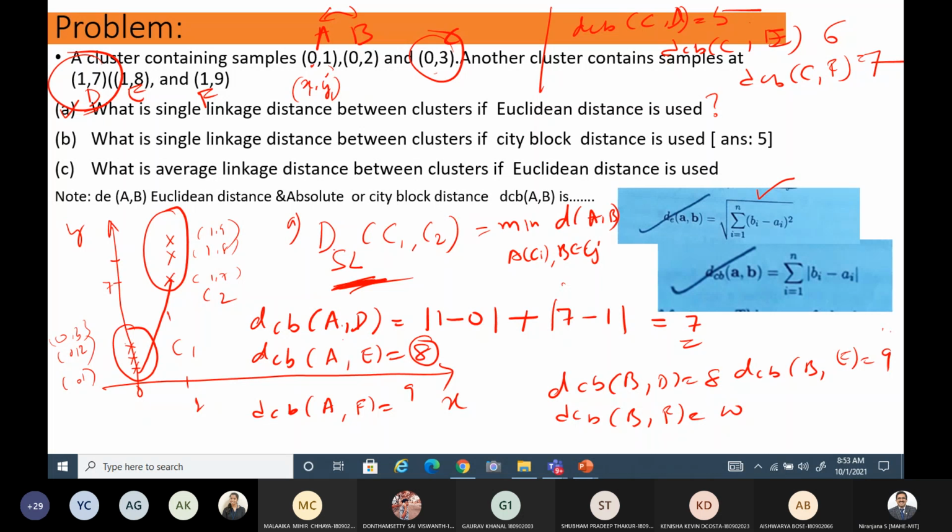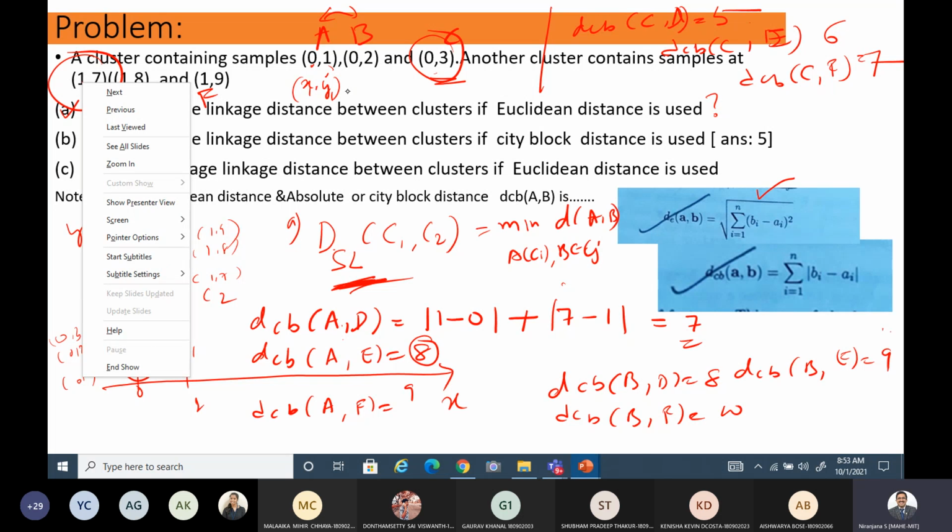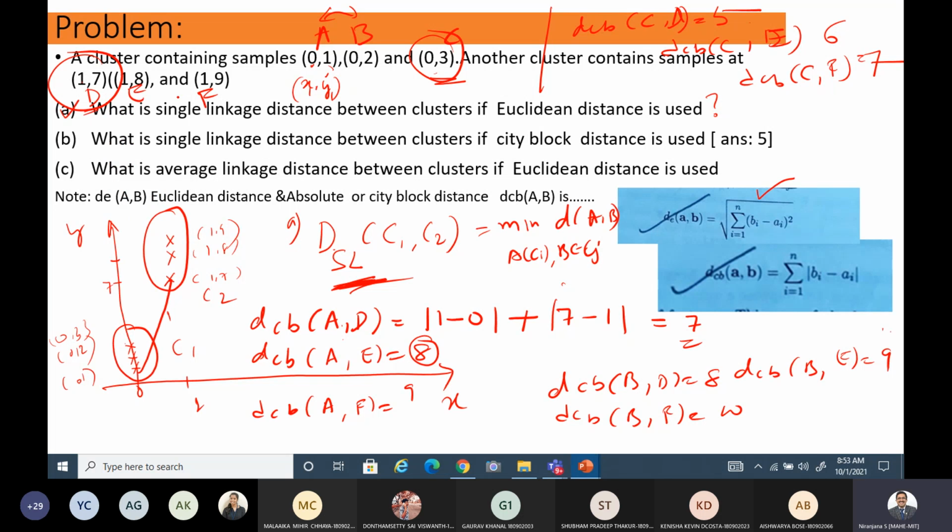Just check. When you take C to this D, it is 1 minus 0, 7 minus 3, 4 plus 1, 5. When you take CE, it is 1 plus 5, it is 6. And C to F is nothing but 1 plus 6, so it is 7. Whether I have to verify the other one also?